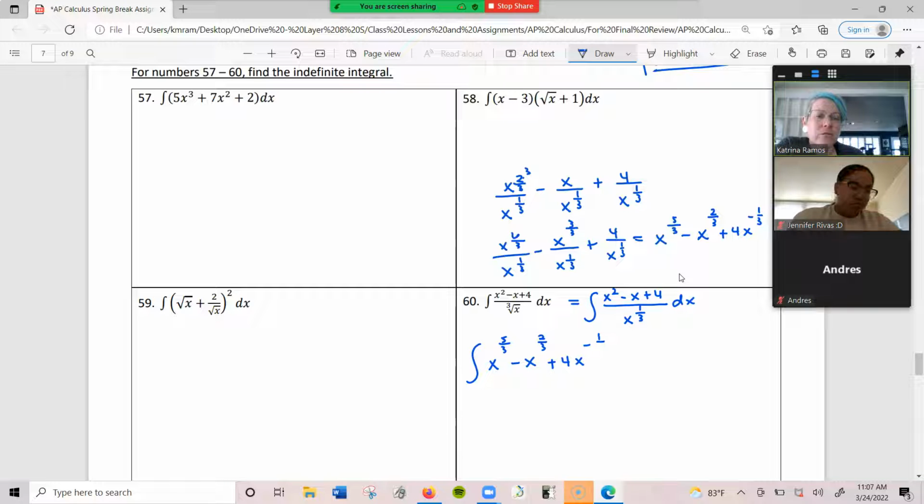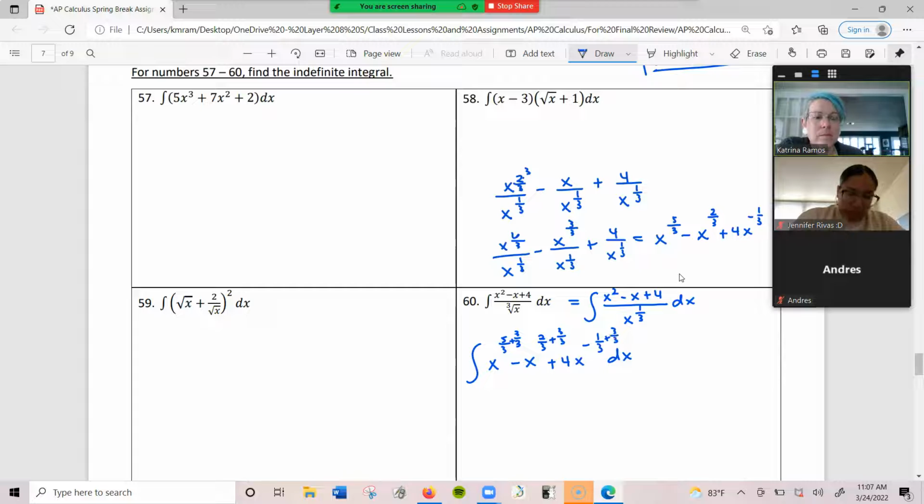So for all of these, we need to add 1 and then divide by the new exponent. They all are over 3, so I'm going to add 3 over 3 to each one. So this is going to be x to the 8 over 3.